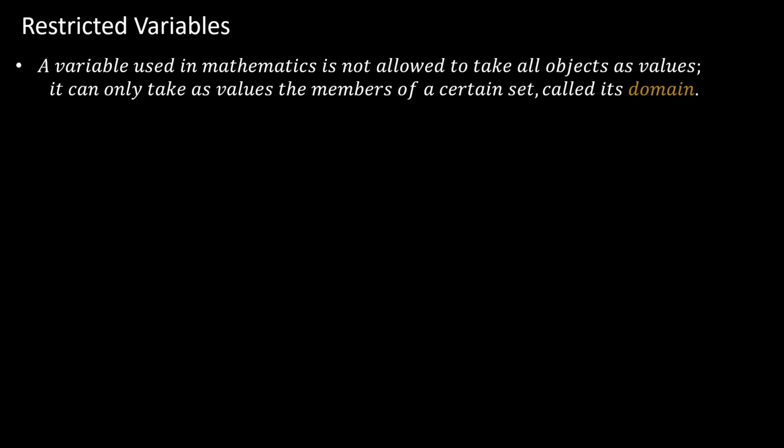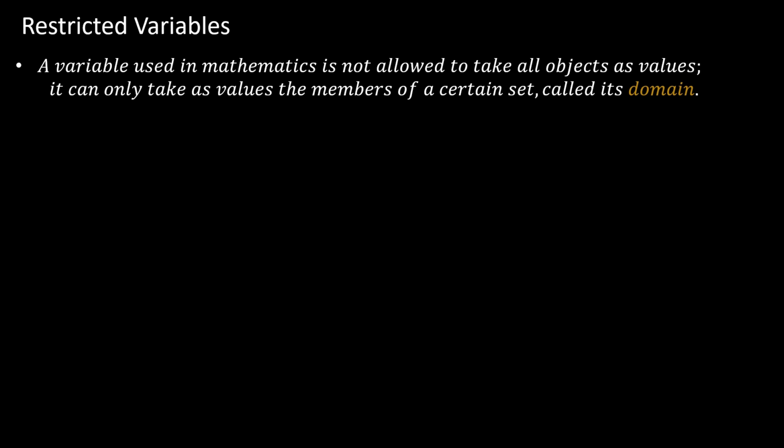So there's this very interesting topic called restricted variables, and in mathematics a variable is not allowed to take all objects as values. For example, a variable could be generalized to mean real numbers, those are not all values, or it could mean even numbers, or all positive integers.